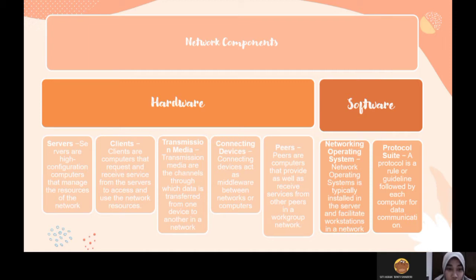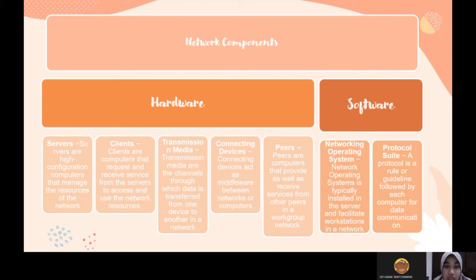Servers are high-configuration computers that manage the resources of the network. The second is clients. Clients are computers that request and receive services from the servers to access and use the network resources. The third is transmission media, the channels through which data is transferred from one device to another in a network.